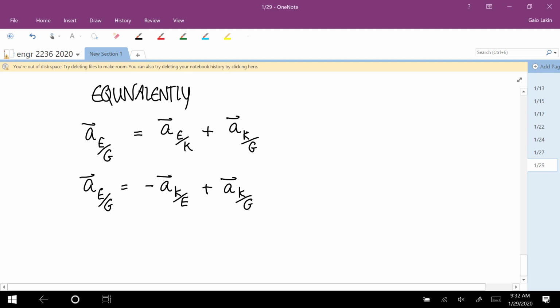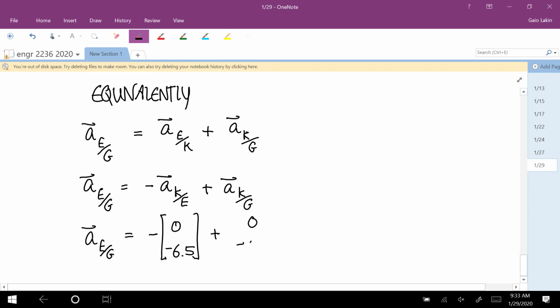And now we can fill in the things we know. The acceleration of the keys relative to the elevator is what we were given as 0, negative 6.5. And we're multiplying that by a negative 1. And then the acceleration of the keys relative to ground, that's just free fall.